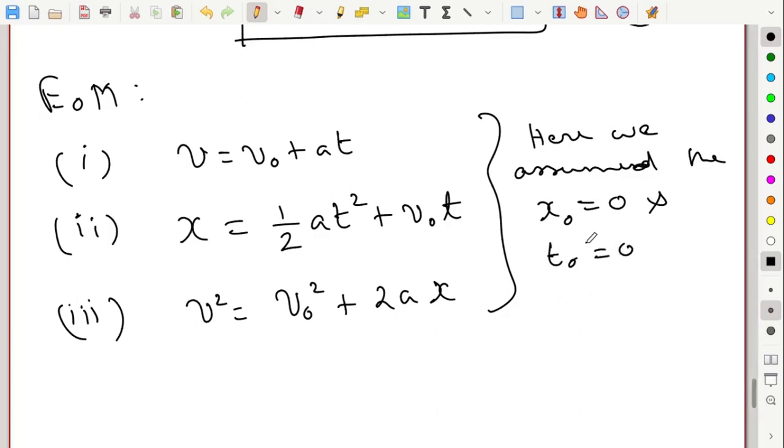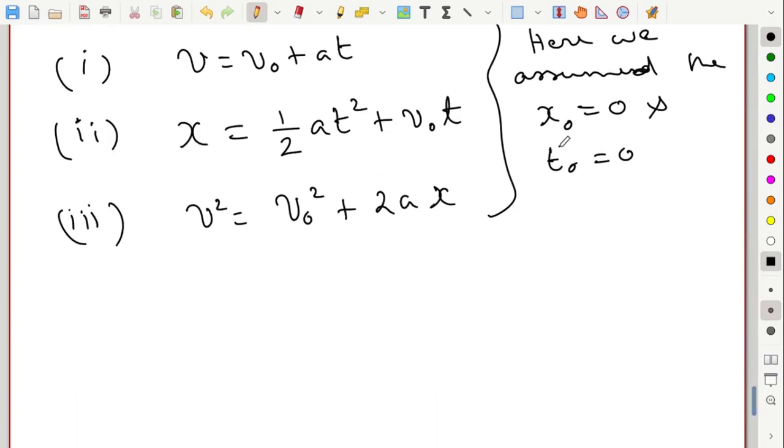So we assumed the initial position is 0, and similarly the initial time is 0. The initial time can be 0; we can set it to 0, because whenever we measure these values we switch the clock on and measure with respect to time. So for switching the clock on we have an arbitrary choice.